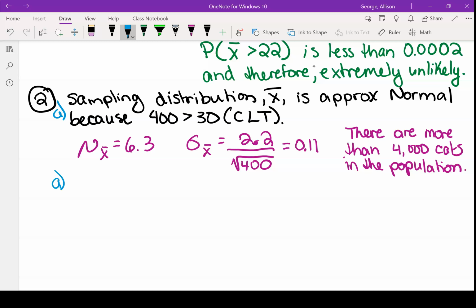So the sampling distribution, and I am taking the context straight out of the problem.